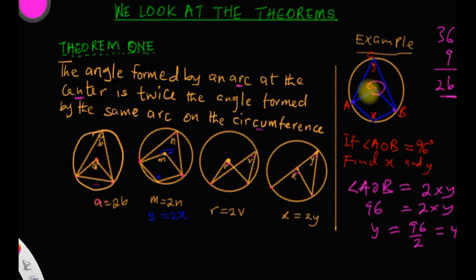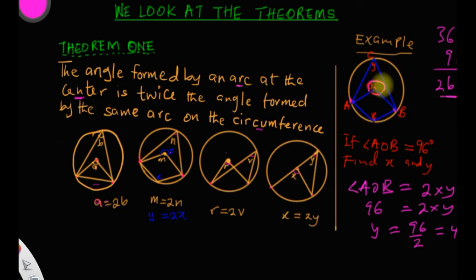So this angle from here to here is 264. This angle is formed by this major arc AB, and this same arc is forming angle S on the circumference.